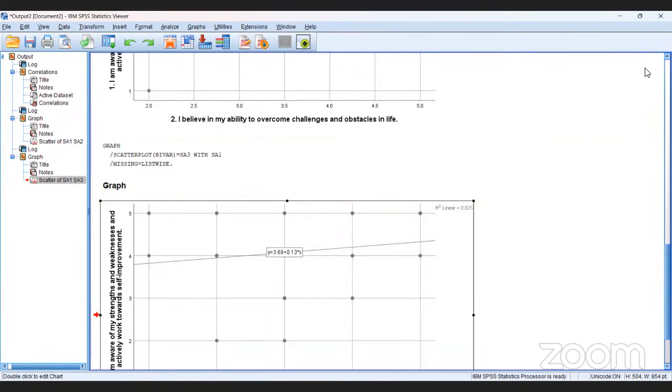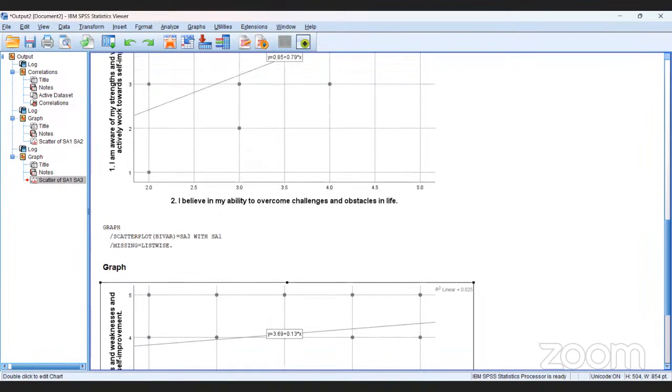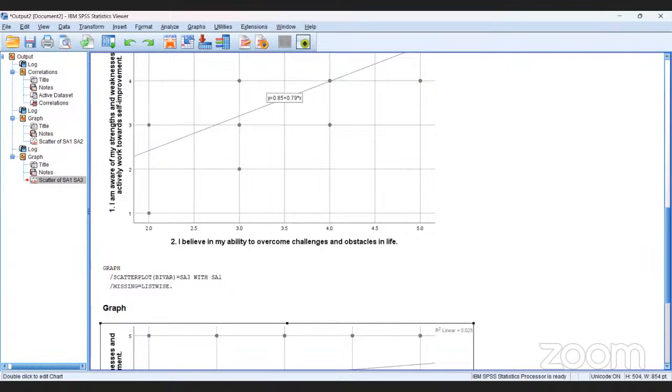So this is not a good item, but this is a good item. So again, you have understood the scatter plot for the item analysis.